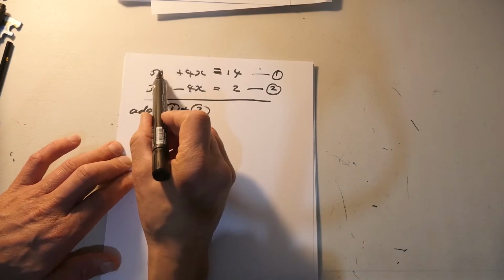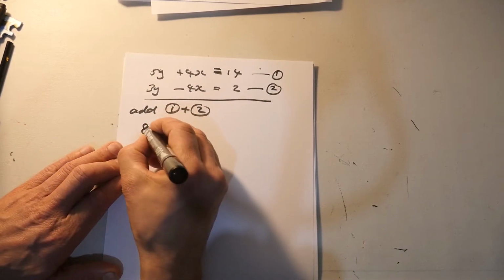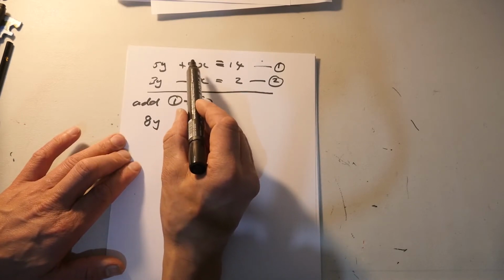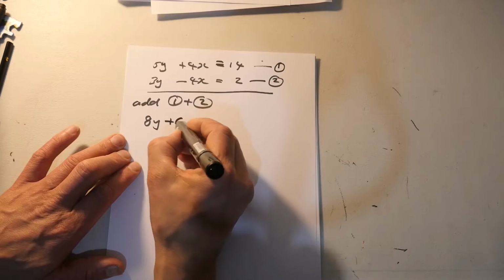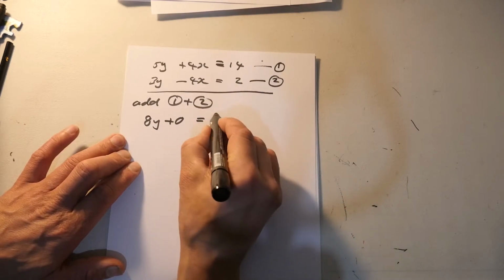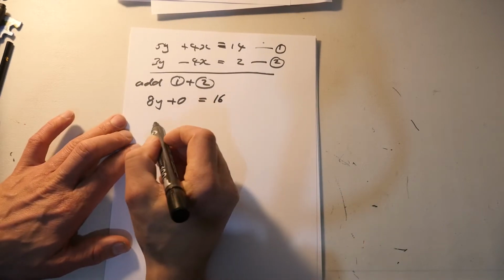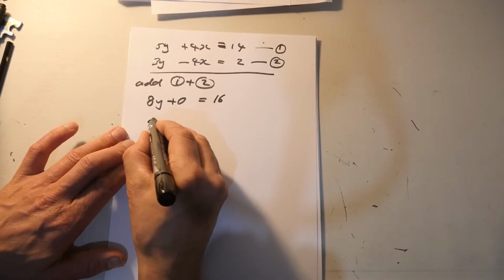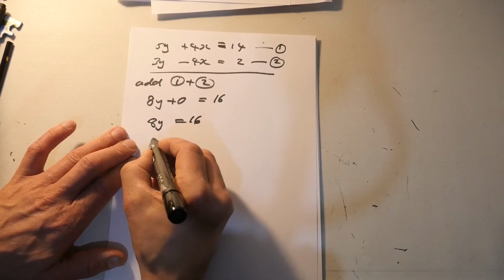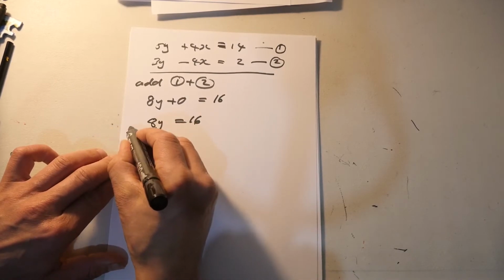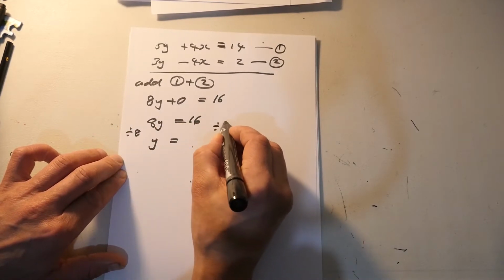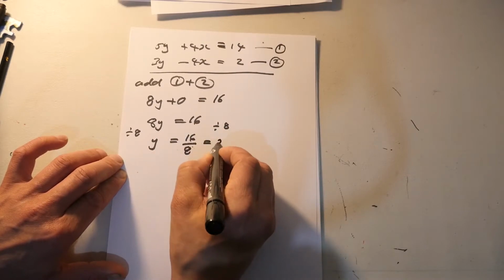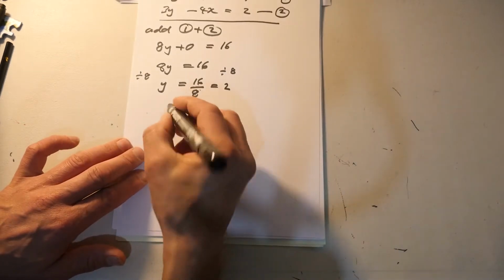So 5 plus 3 is 8y. 4 plus minus 4 is 4 minus 4 is 0. 14 plus 2 is 16. You can hopefully see where this is going. 8y equals 16. So y equals, divide both sides by 8, 16 divided by 8, which equals 2. Okay? So y equals 2.